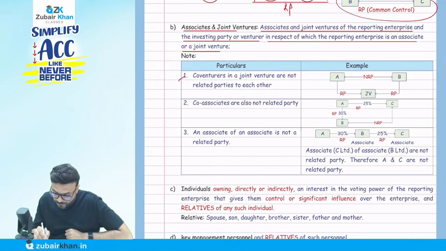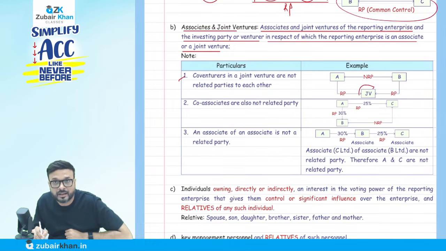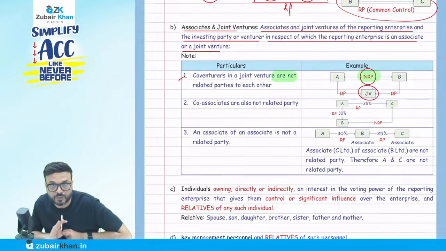For example, A has a joint venture, and B is the other co-venturer. A and this joint venture are related parties. B and this joint venture are related parties. But these co-venturers, A and B, are not related parties, remember.